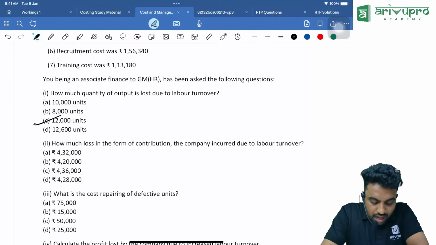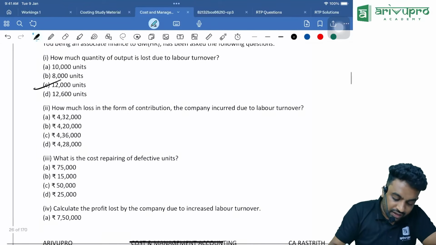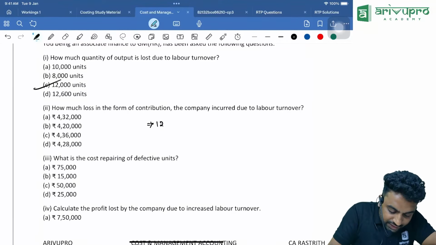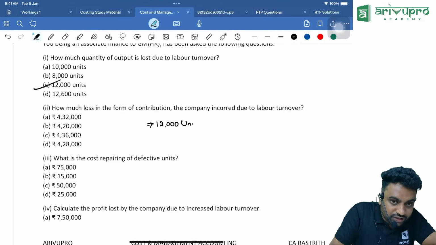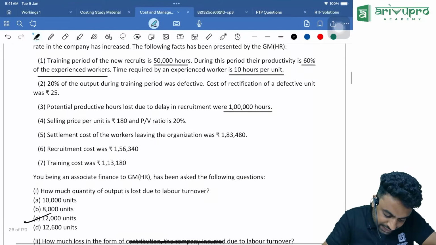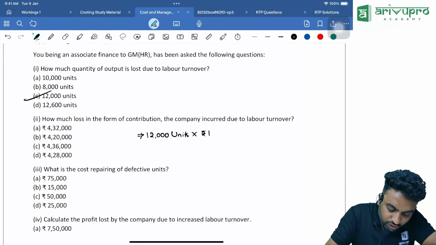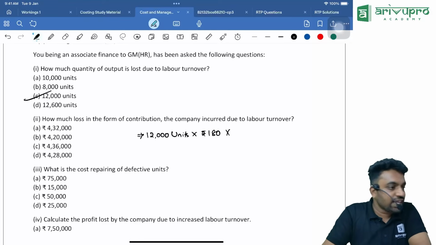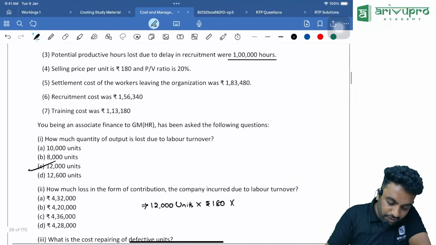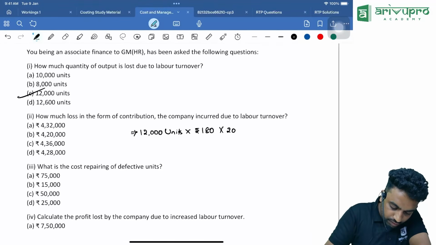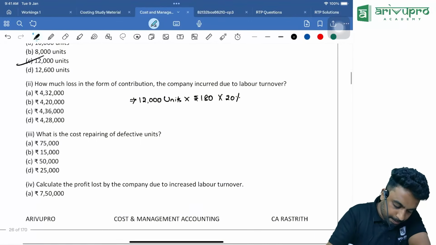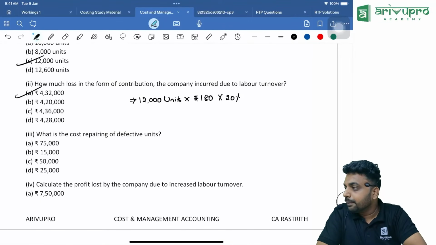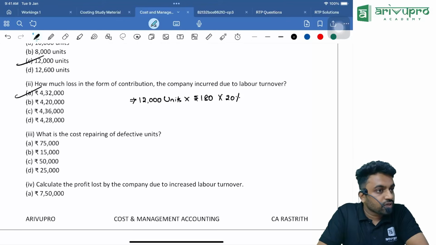How much in form of contribution did the company lose due to labor turnover? Guys, 12,000 units we are not producing, because of which we are losing sales of 12,000 into 180. Correct? And sales into PV ratio will give us contribution. PV ratio, how much are they telling? May I know how much it is? Option A. Clear?